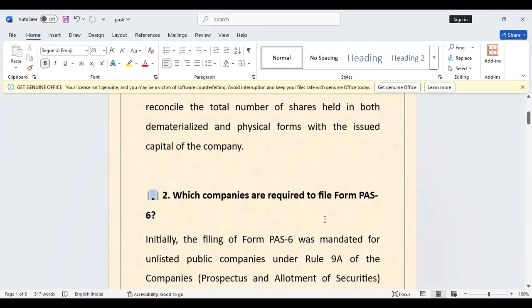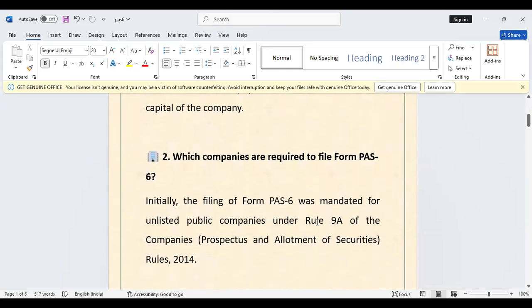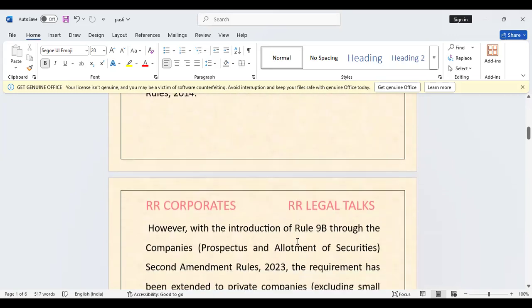So which companies are required to file PAS-6? Initially, as you all know very well, Rule 9A of the Companies (Prospectus and Allotment of Securities) Rules 2014 mandated the filing of PAS-6 for unlisted public companies. Later, certain private companies were also required to file.